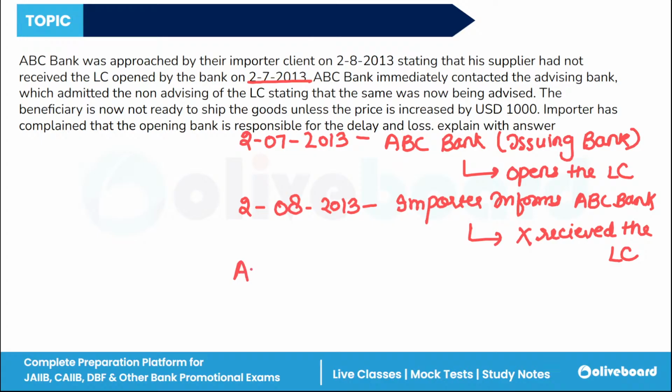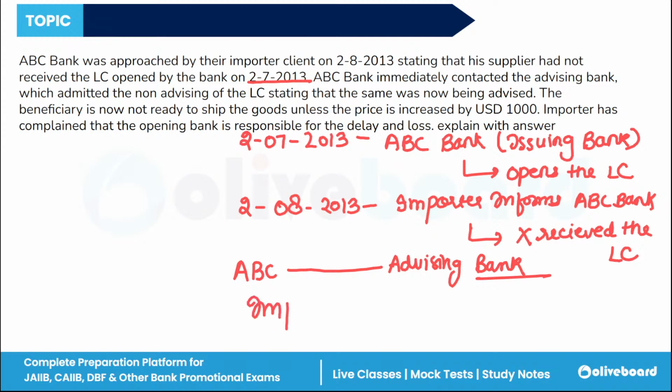Now what does ABC Bank do? ABC Bank contacts the advising bank, which admitted it had not yet advised the LC to the beneficiary, but states that it is doing so now. So the supplier now demands an additional $1,000, citing the delay.